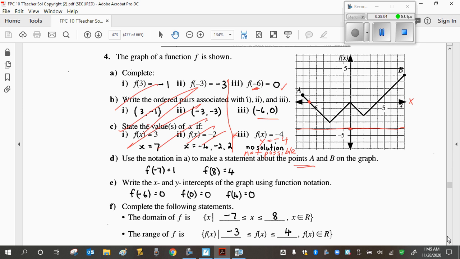Use function notation. I sure hope you got the point A of -7, 1. You have to know what point that is. No, that's 8, 4. And sorry, that's -7, 1. And then the x and y intercepts. Holy cow, there's 3 of them here. Okay, so 3 x-intercepts.